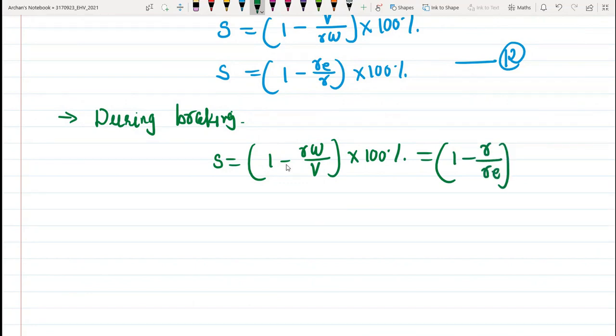You can see the terms have been interchanged compared to the previous equation. Let us call this equation number 13. This slip will also have a positive value between 0 and 1, similar to traction.